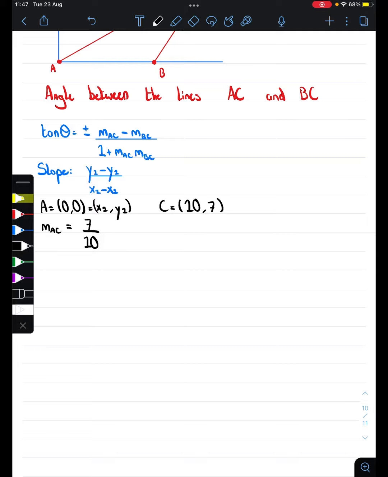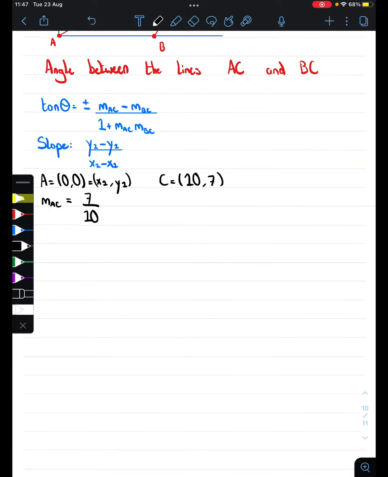Okay, and now looking at the slope of BC, B is our x1, y1, which is 6.5, 0, and we have the same C equals x2, y2.